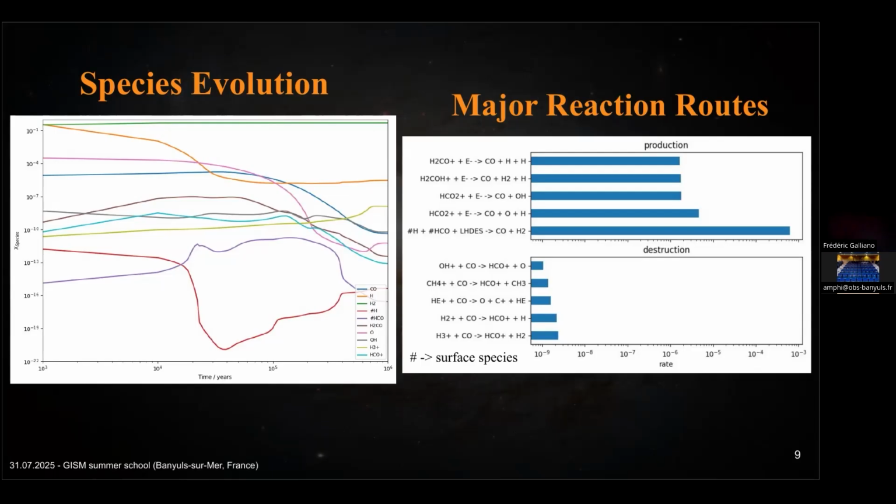But again, this is just at one timestamp, and these reaction rates evolve with time. On the left plot, we see the evolution with time of the different species that play a role in these reactions.